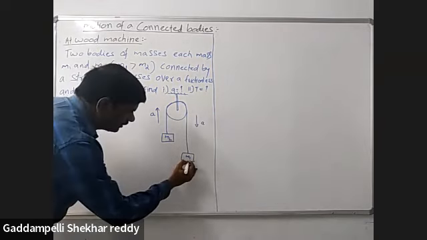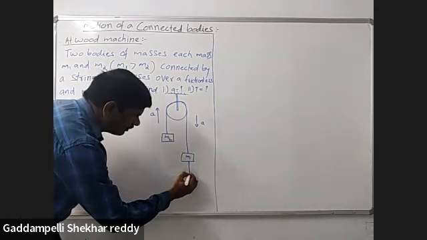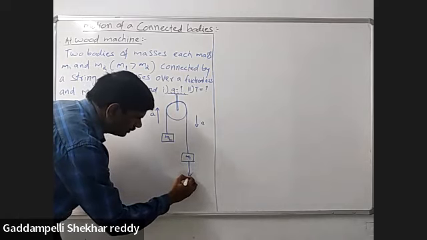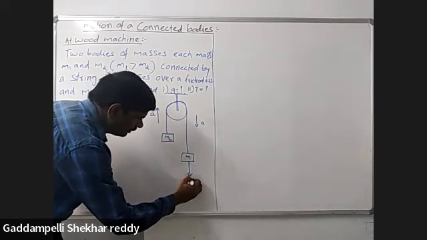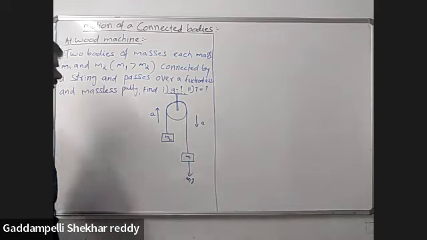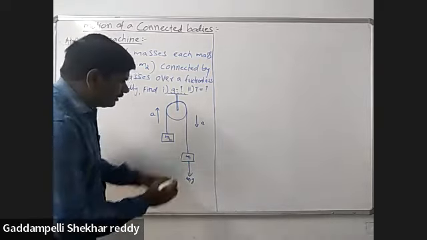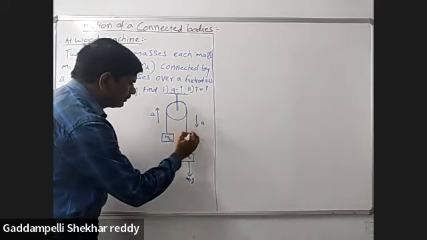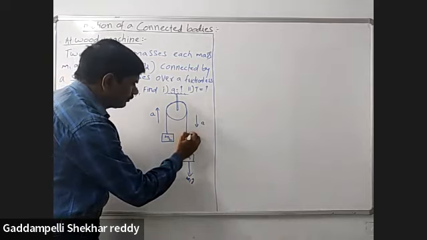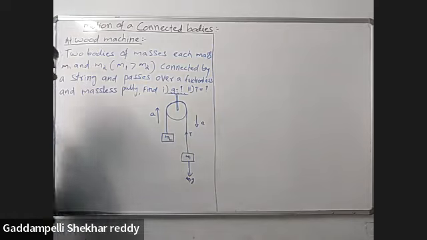Now the weight acts on m1, the gravitational force, always in the downward direction, m1g. Tension is developed in the string. Tension is nothing but the tensional force, T, in the upward direction.